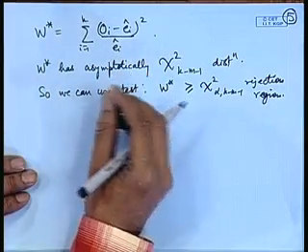If any of the pi i's is extremely small, close to 0 or close to 1, then the expected frequency of that cell will become either too small or too large. If it is too large, then for some other cell it will become too small. In that case, this approximation is not good.